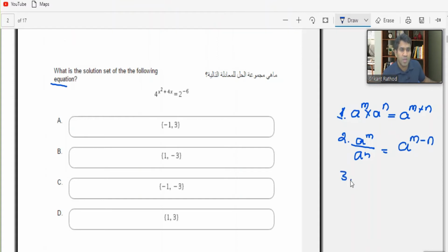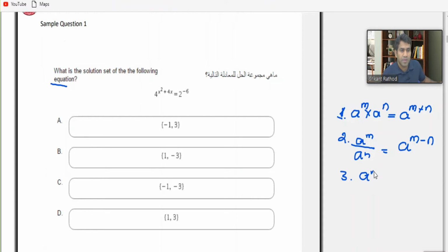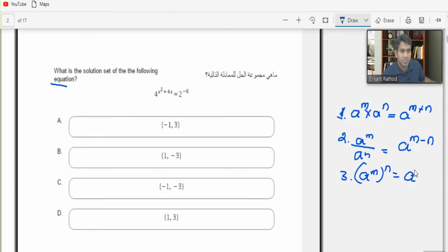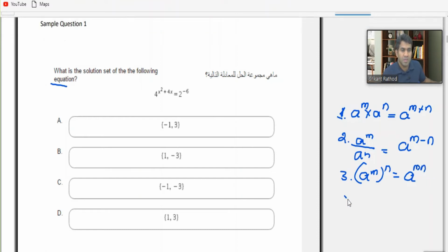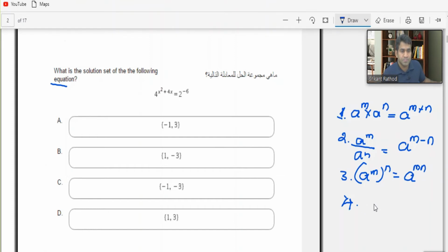The third rule: a to the power m to its power n can be written as a to the power m times n. That is, m and n get multiplied. And the fourth rule is a to the power negative n can also be written as 1 by a to the power n. So these are the rules I require to solve this equation.